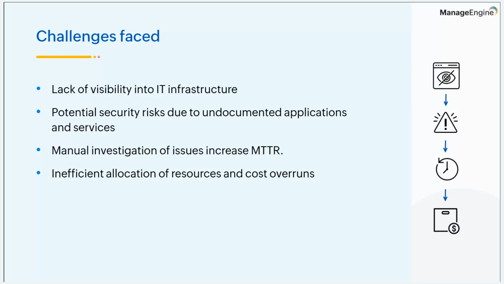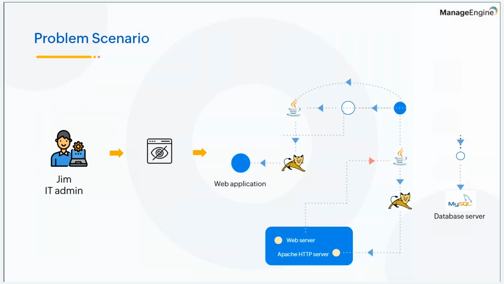So coming back to this particular scenario with Jim, here they lack the necessary visibility to pinpoint the source of the problem, whether it originated from the database, a specific server, or another unforeseen component within the application stack.